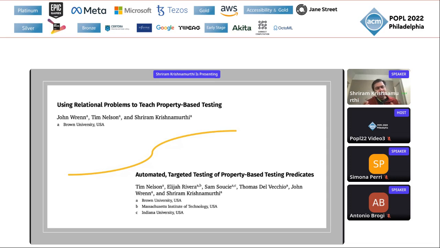In particular, the second paper is kind of amusing because we actually used both Hypothesis and Alloy as ways of generating input-output pairs. And so there's actually a little bit of a race between humans, PBT, and SAT solvers in that paper, amongst other things, right? So there's a bunch of techniques we can bring to bear. So it's a simple question of how do we teach property-based testing as an intermediate point to getting to full-blown properties.